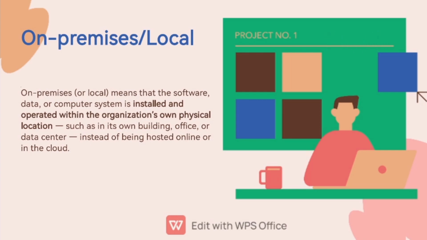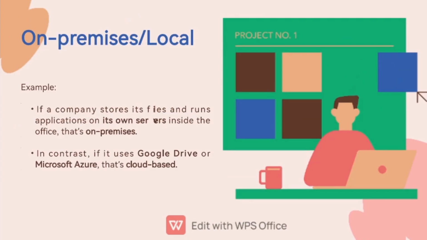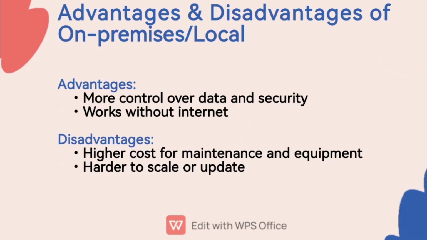So for example, if a company stores its files and runs applications on its servers inside the office, that's on-premises. In contrast, if it uses Google Drive or Microsoft Azure, that is cloud-based.